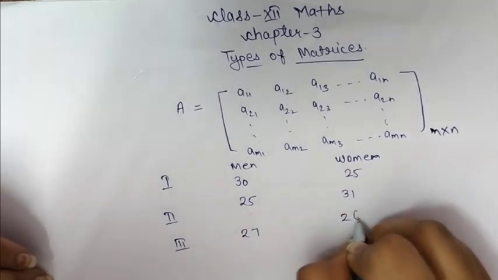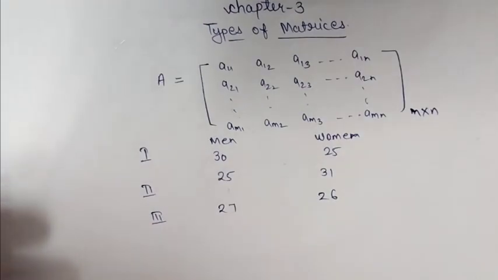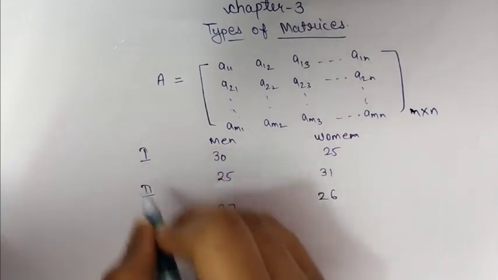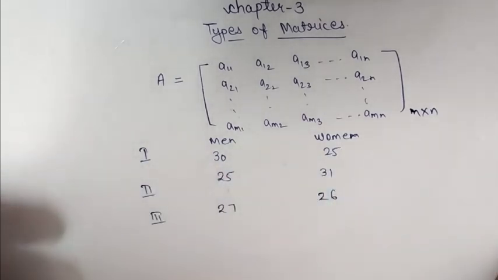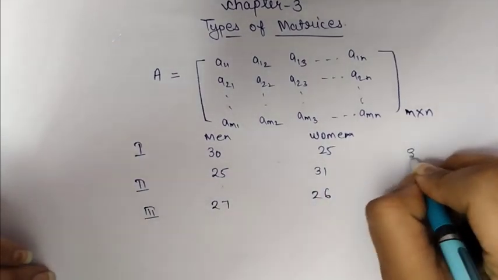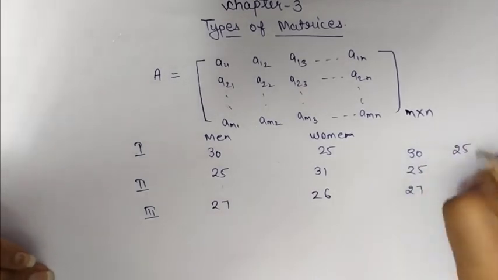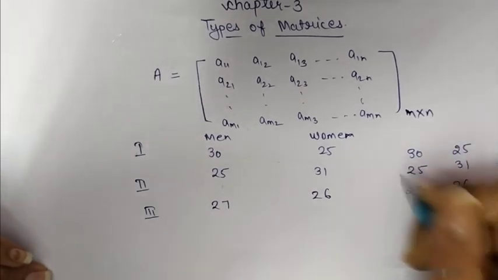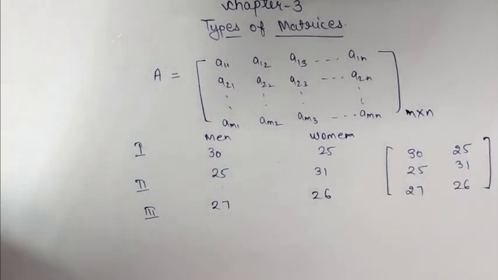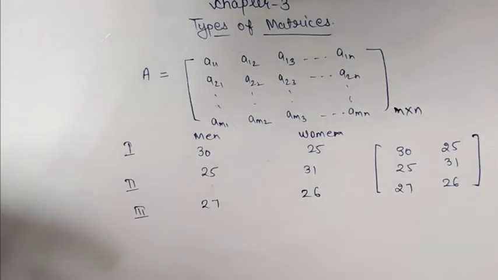and 26 women. So we can represent this data in matrix form, without using first, second, third and men and women, by writing directly 30, 25, 27, 25, 31 and 26 in a rectangular box. So this is the formation of a matrix.